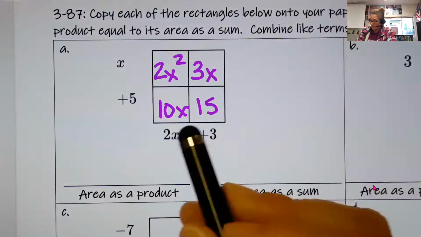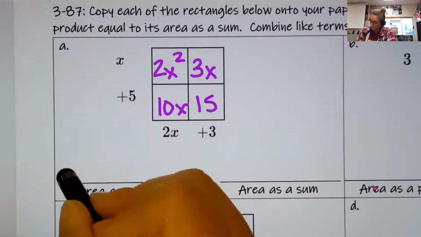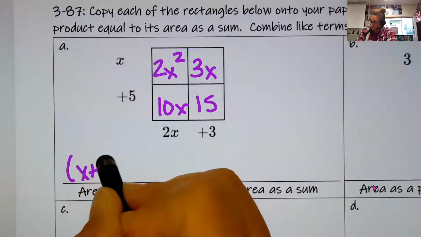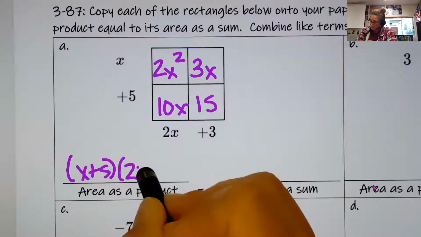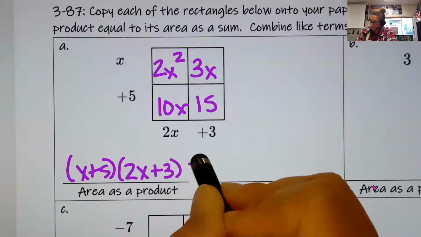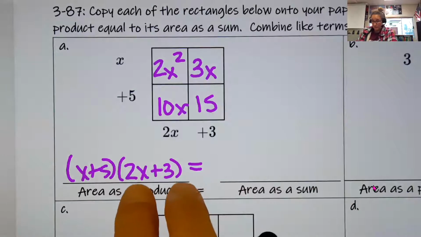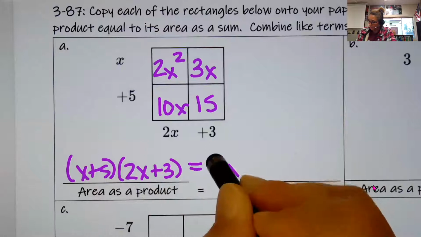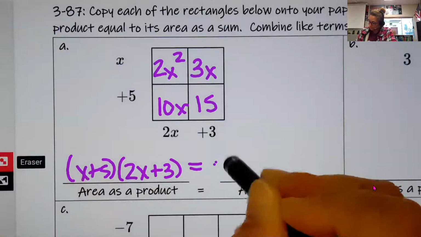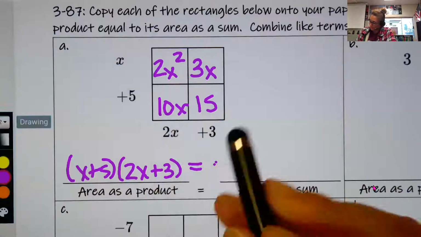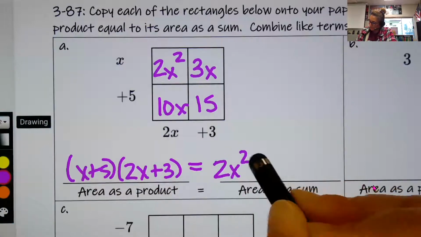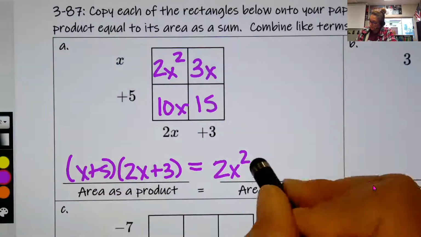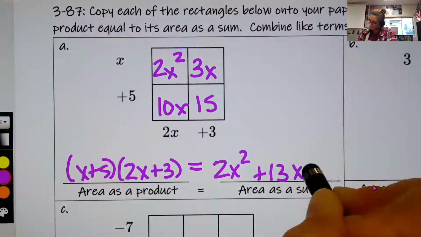And so my area as a product is going to be x plus 5 times 2x plus 3, or you could write 2x plus 3 first and then the x plus 5. Okay, 2x squared, I've got 13x plus 15.